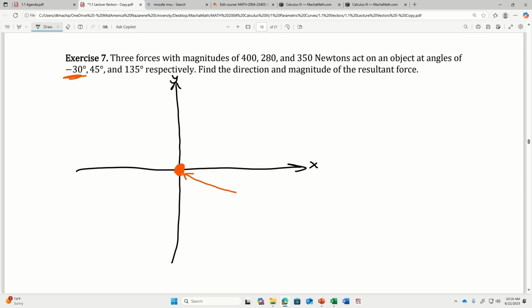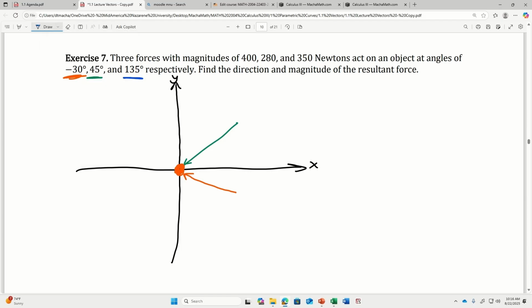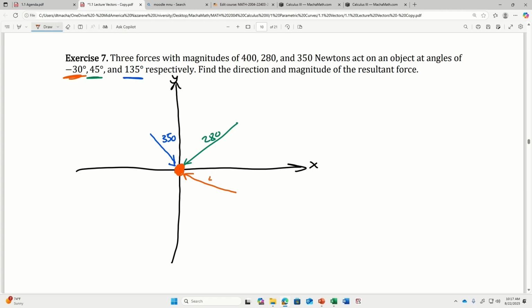And then 45 degrees is like right here. And then 135 degrees would be over here, right? And so let me list their newtons that you get. And there we go.